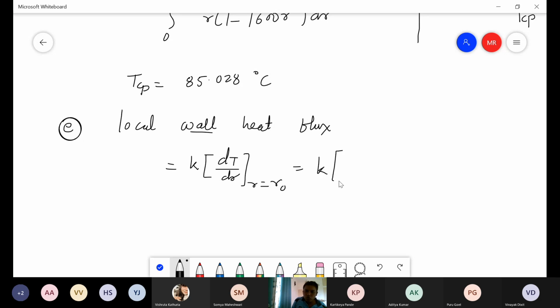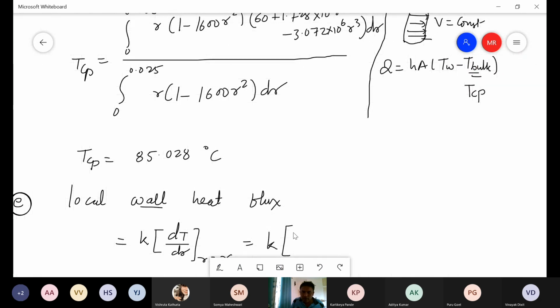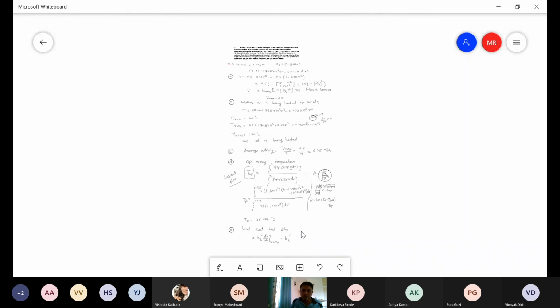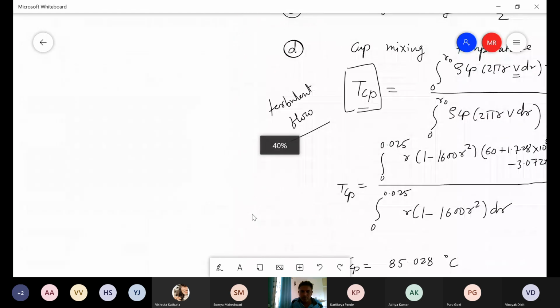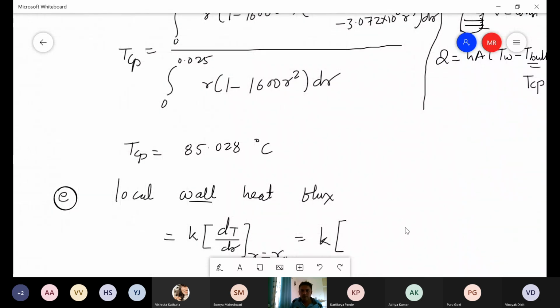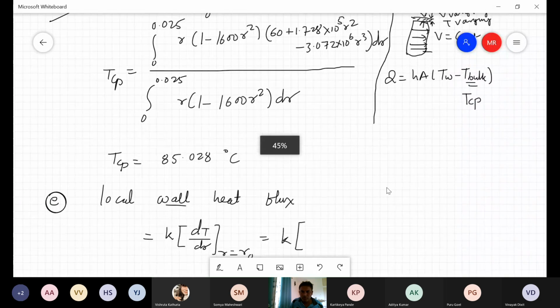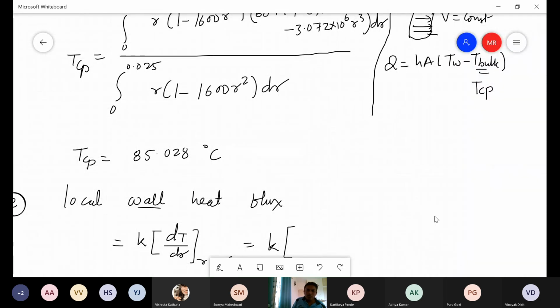So k into differentiation of the temperature expression, that is going to be, I'll just scroll a little bit down and then we can do it.